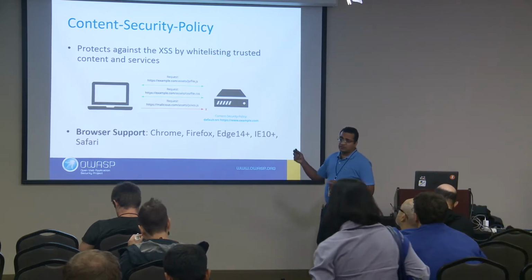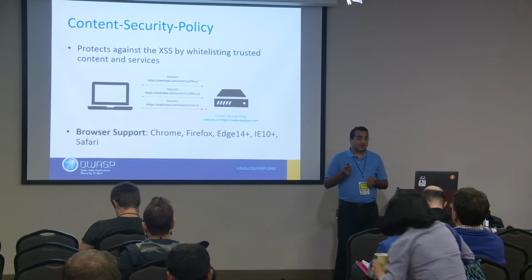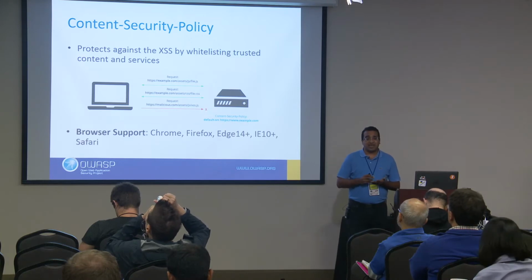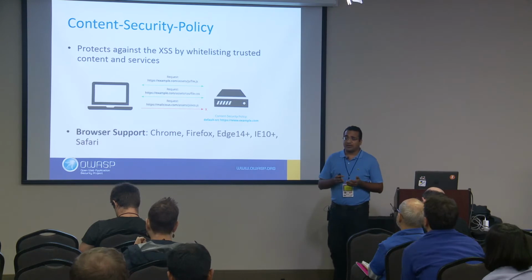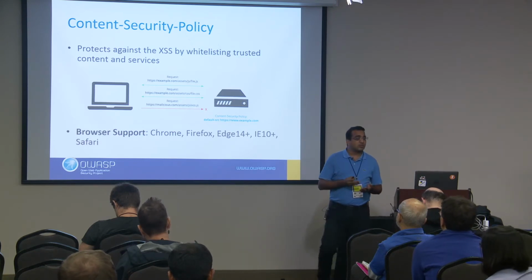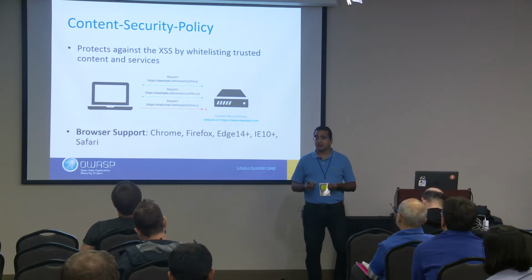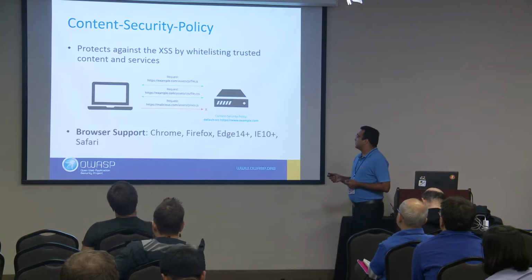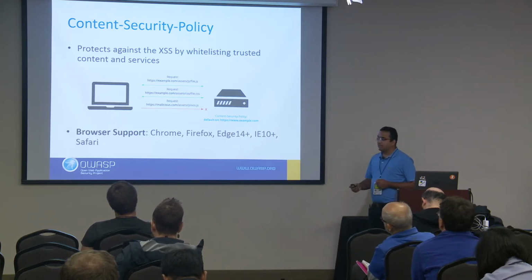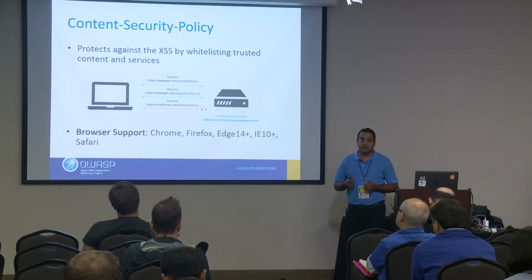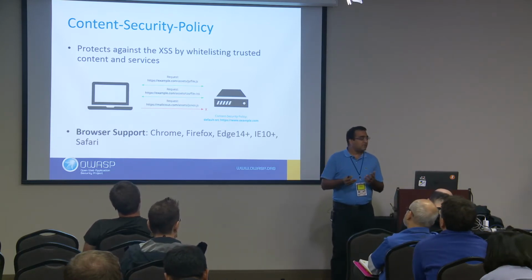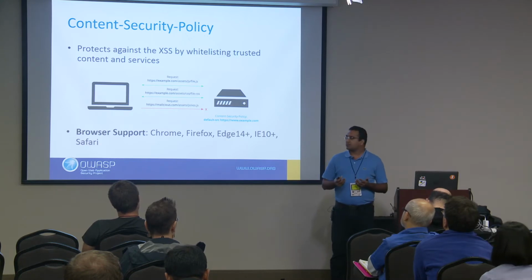So the beauty of this content security policy is it helps you protect against XSS as well as some other injection attacks by letting you whitelist the sources from which content can be downloaded for your website. Just to illustrate that point a bit further, if you look at the example, I have a website where the content security policy is configured in a way where anything from example.com is a valid source.